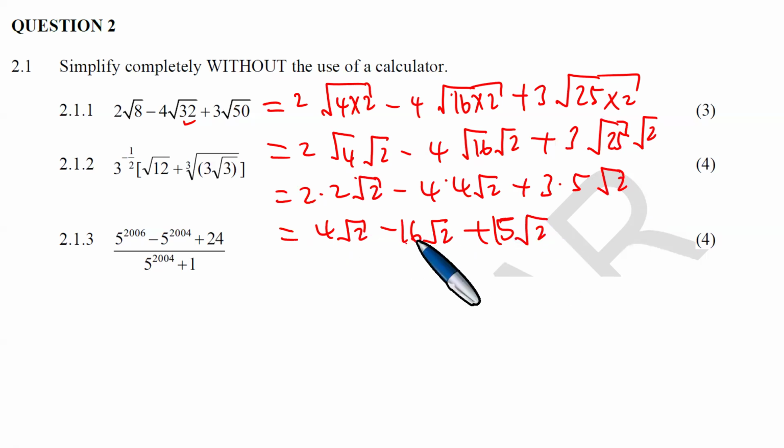So if you have 4 root 2 minus 16 root 2, that is minus 12 root 2, plus 15 root 2. Minus 12 and 15 would give us exactly 3 root 2. And this is the answer.